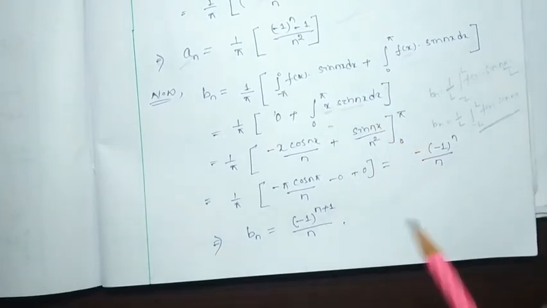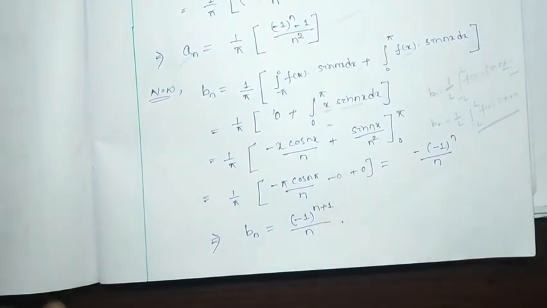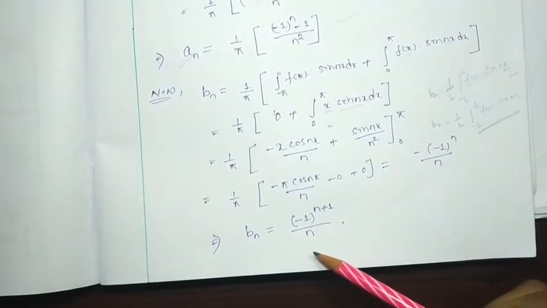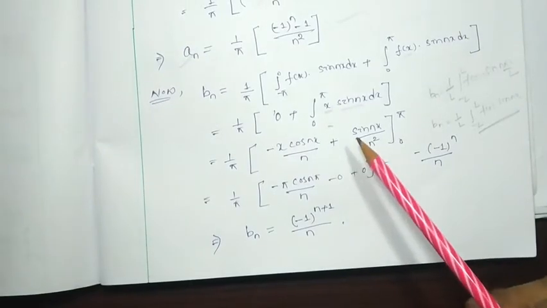Again I suggest you go for the Kronecker delta method of integration, which we discussed in our previous video.